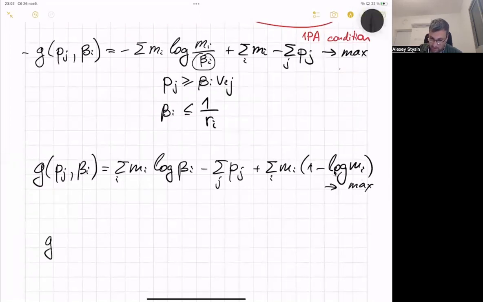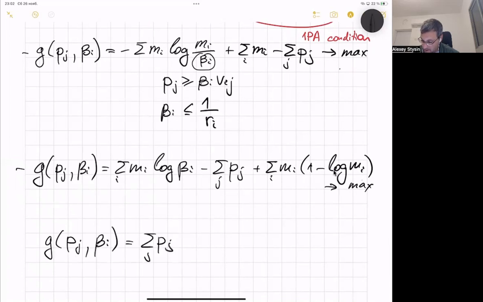So this is going to be minus g, and the g will be a function of prices and the pacing multipliers, sum over pj's minus sum over mi's log beta i's. So this is the weighted sum of pacing multipliers for every bidder. And then there is this constant.